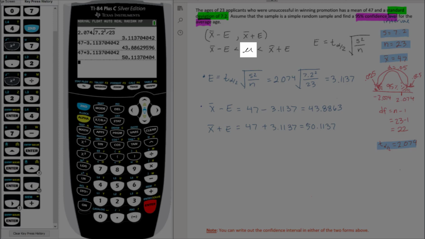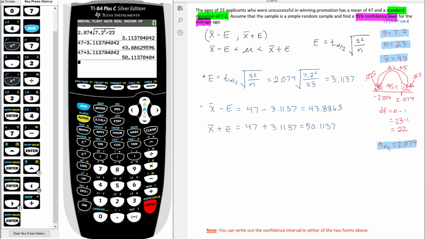And then again, you could write it in either one of these forms. 43.8863, comma, 50.1137 with parentheses around it, or you can write it with inequality: 43.8863 is less than mu is less than 50.1137.